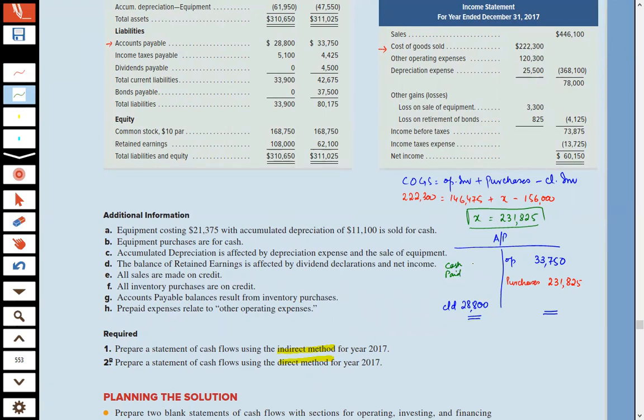It will be 33,750 plus 231,825 equals 265,575 minus 28,800, which is 236,775. This will be the amount paid to the suppliers.